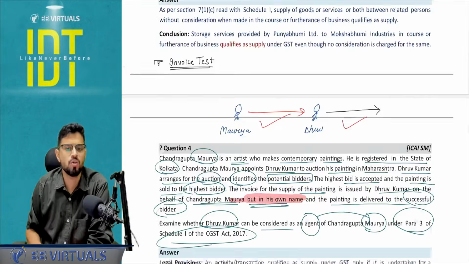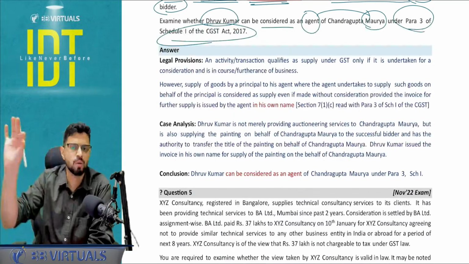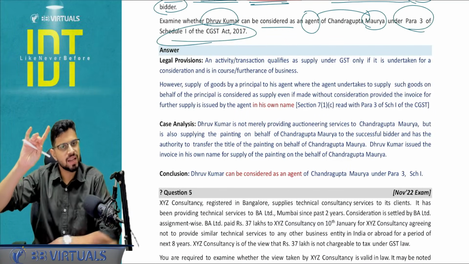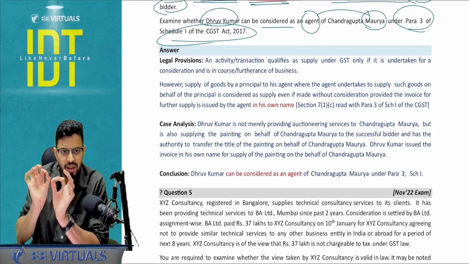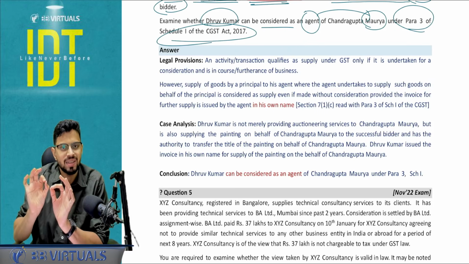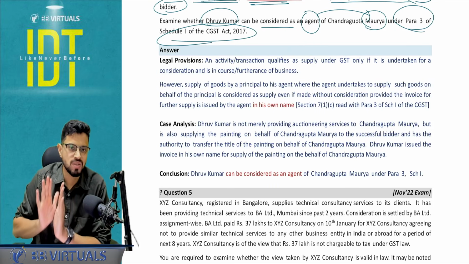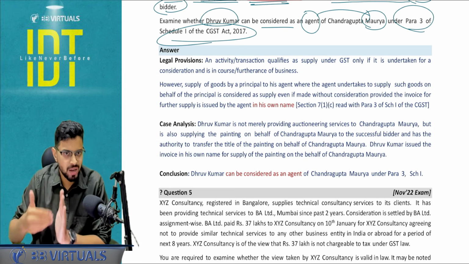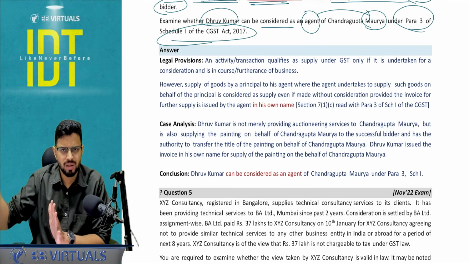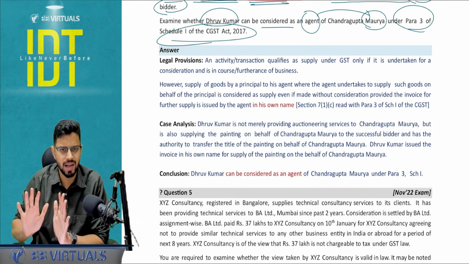In your own words, you will write what is the legal provision. First, before mentioning schedule number 1, one line we have to mention that consideration is one of the parameters of supply. This is how slowly you will run answer writing. Not a very big rocket science. It's a very simple analysis.